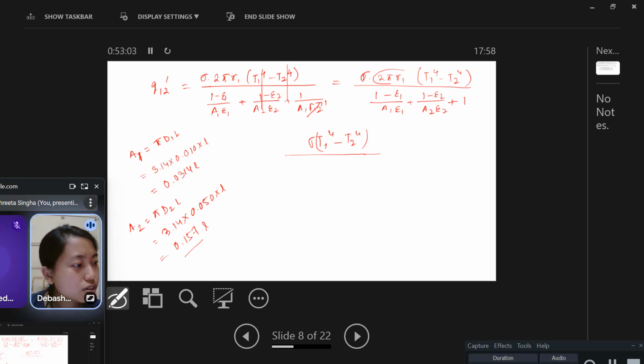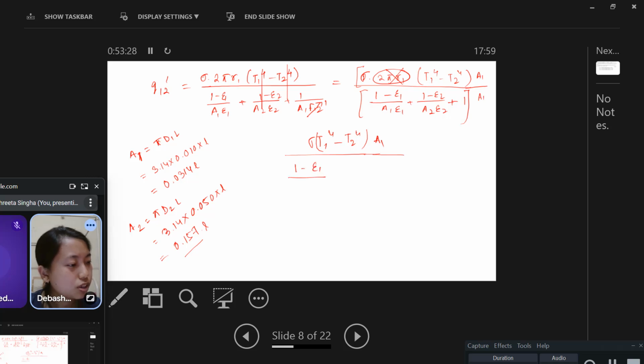So if you do not consider this, then just multiply here A1, and also below if you multiply A1, if suppose this is not there, then it should be like this: 1 minus epsilon 1 divided by epsilon 1 plus 1 minus epsilon 2 by epsilon 2 times A1 by A2.